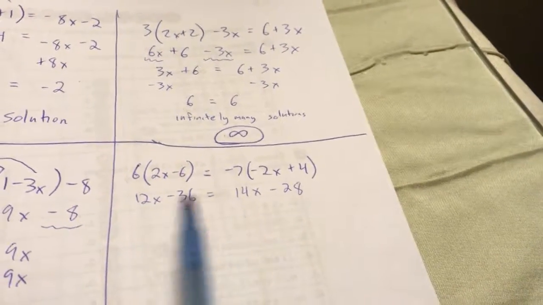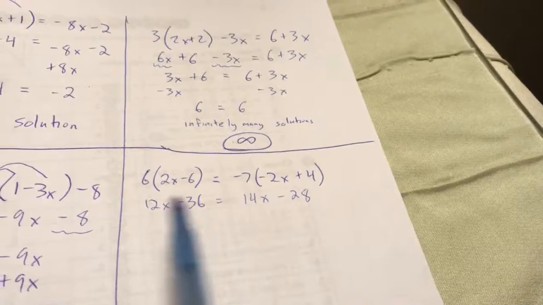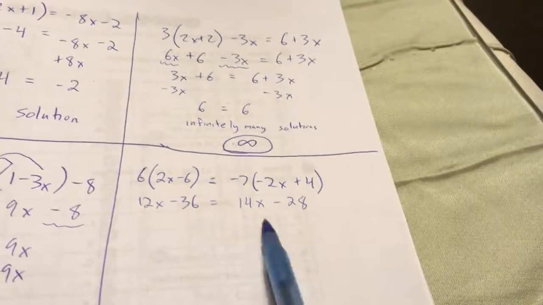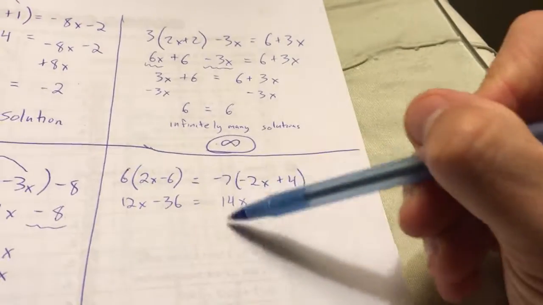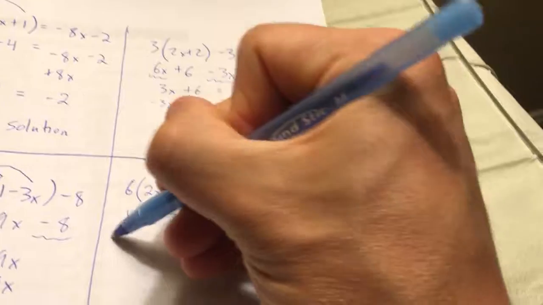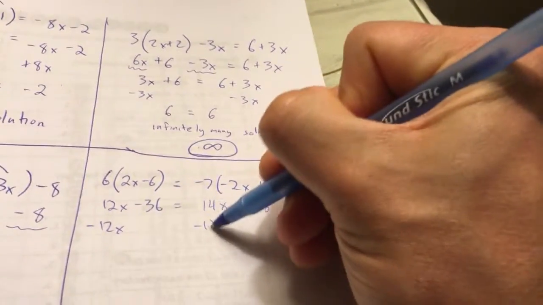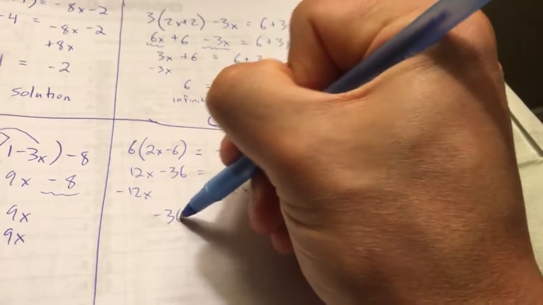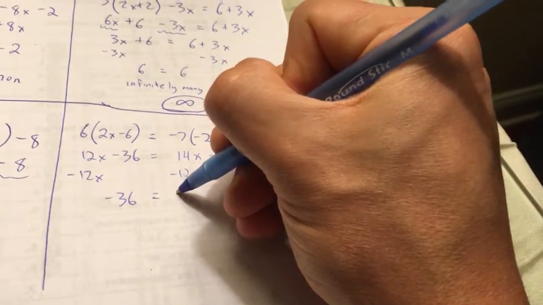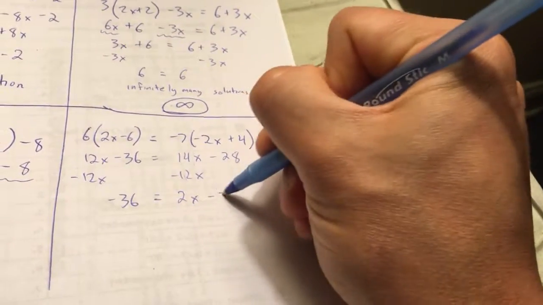Subtracting 12x from both sides or subtracting 14x from both sides? I like subtracting 12x from both sides because that still allows me to work with a positive number in front of the x. So I'm going to subtract 12x from both sides, and we're left with negative 36 equals 14x minus 12x, which is 2x, and we bring down our minus 28.